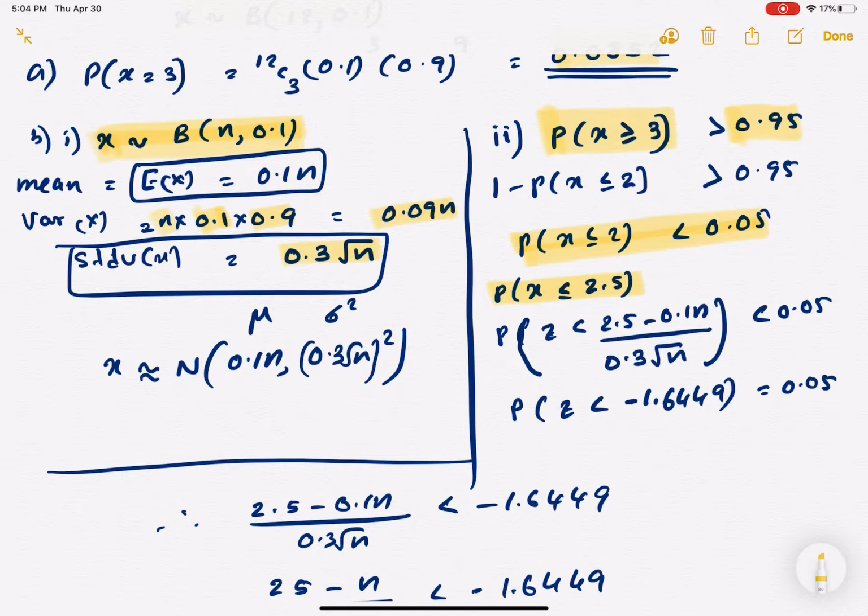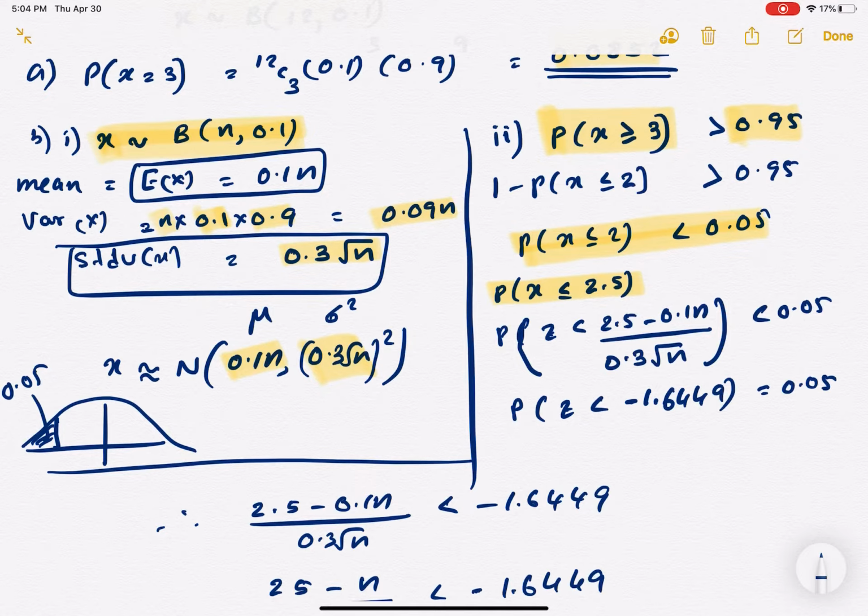Okay, and now how do you convert this into z? You have to subtract the expected value or the mean, which is this, and then you divide by the standard deviation, which is this. So that gives you z less than (2.5 minus 0.1n) over 0.3 root n, and this should be less than 0.05. And you know, in the normal curve, when does something become less than 0.05, they are talking about this area.